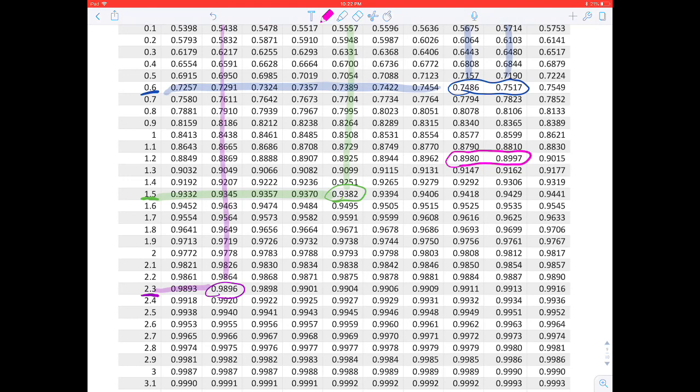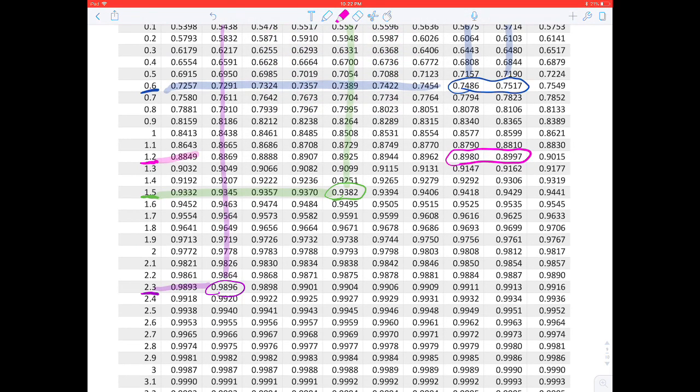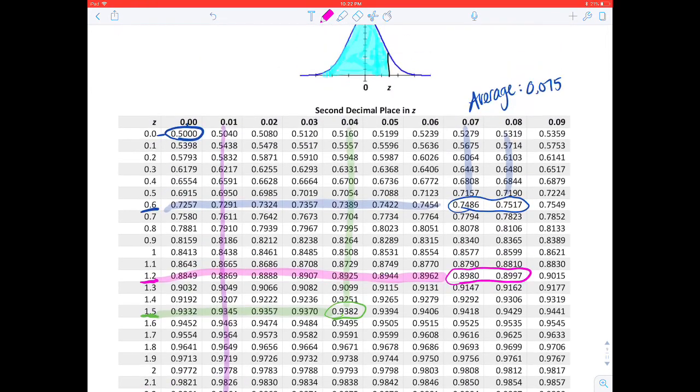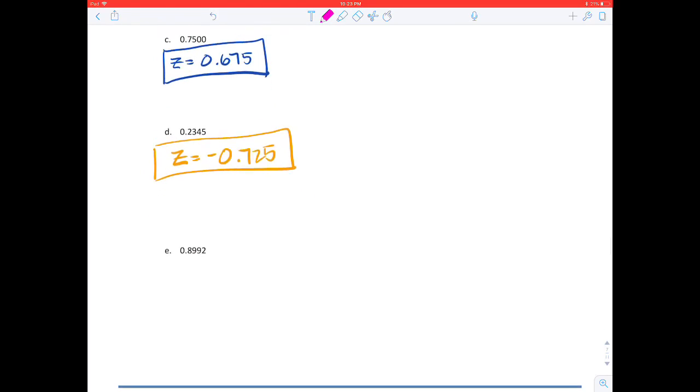And so we'll have this 1.2, and then we would average these two again. And remember that the average was 0.075. So we'll have 1.275.